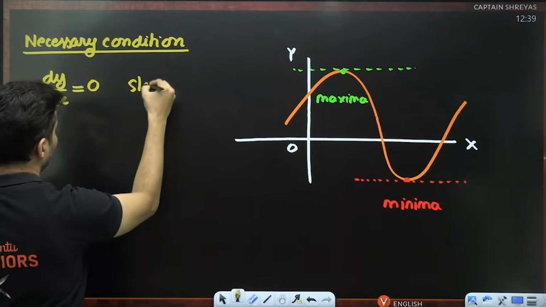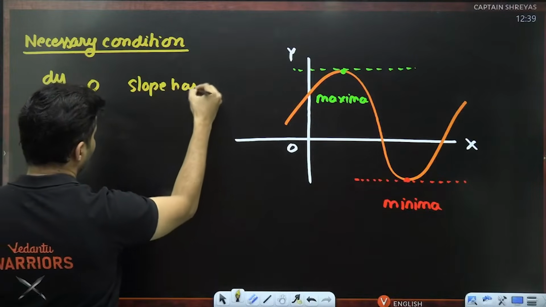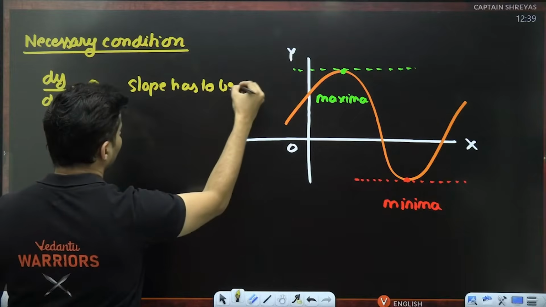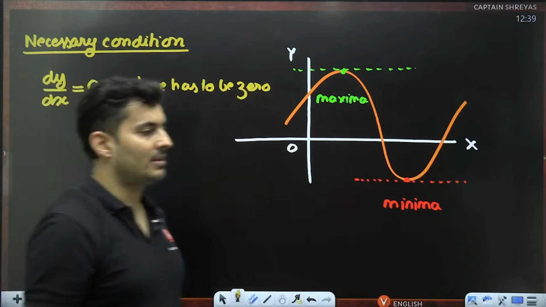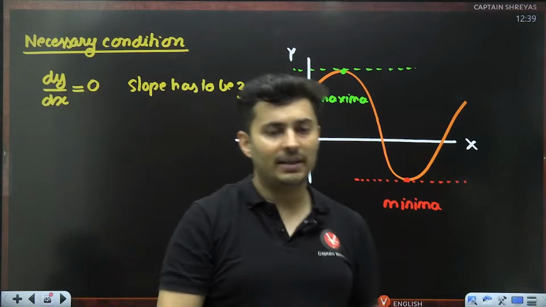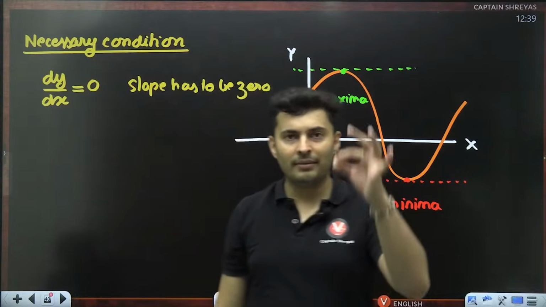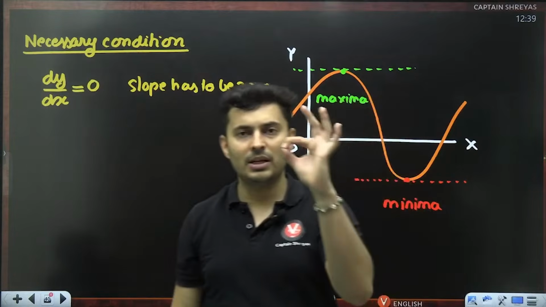The slope has to be a big fat zero. Without that, it can't be a maxima or minima. Before going ahead, first I will check whether you have got maxima, minima, the slope is zero.